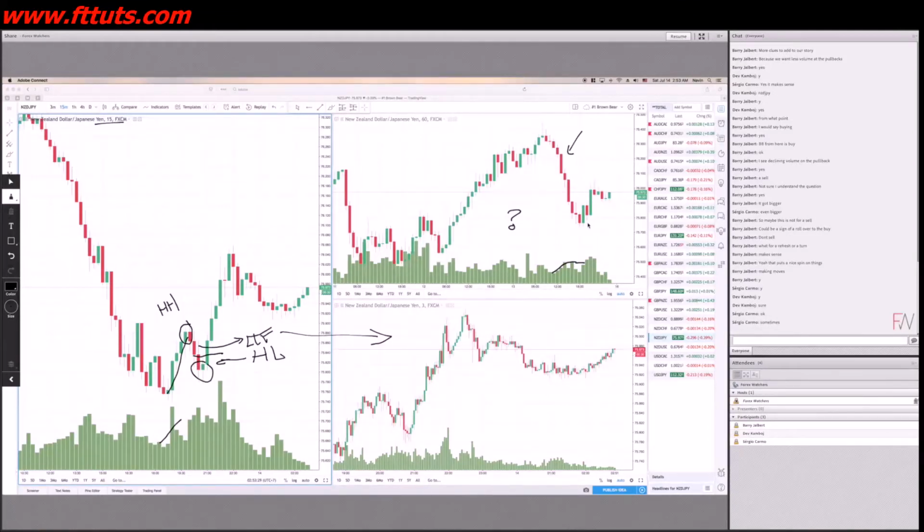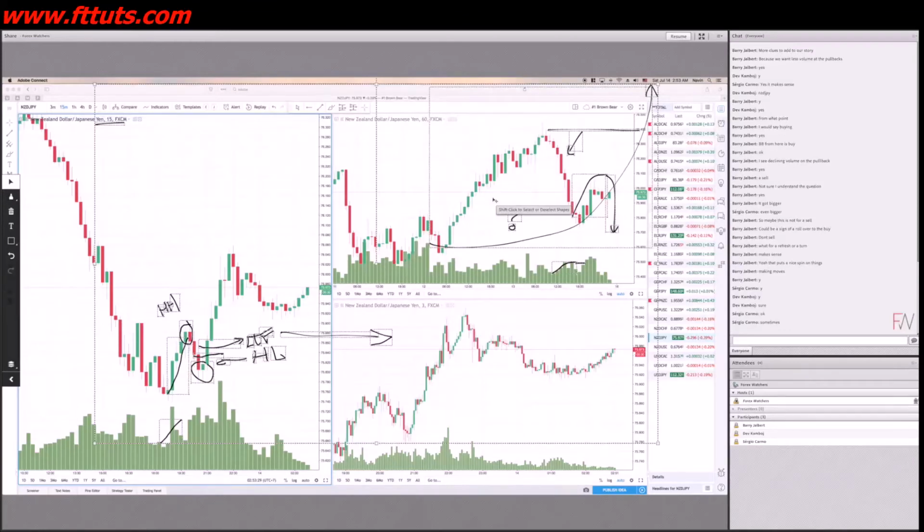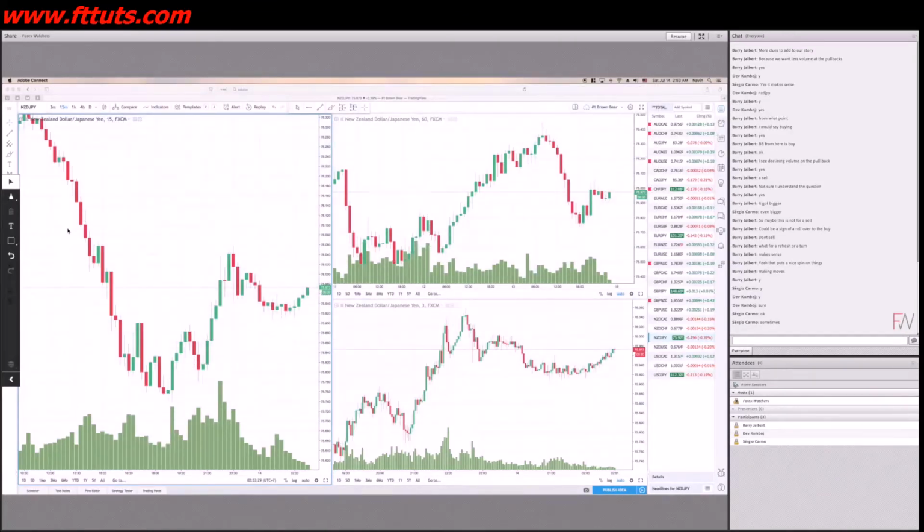Or does my seller need a deeper pullback and then he's going to try again? Whatever the case is, whether it needs to pull back up until here or resume this entire uptrend, that's for us to figure out based on price action. But for now, they're trying to change the flow, or waiting on the flow. That means if the next pullback holds, that can be our first sign of possibly buying.